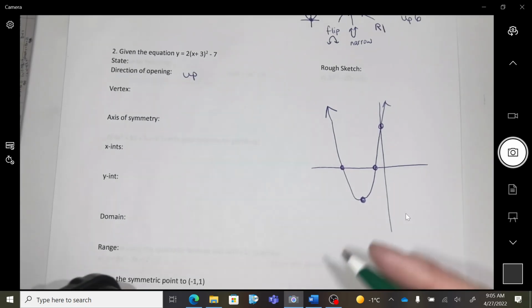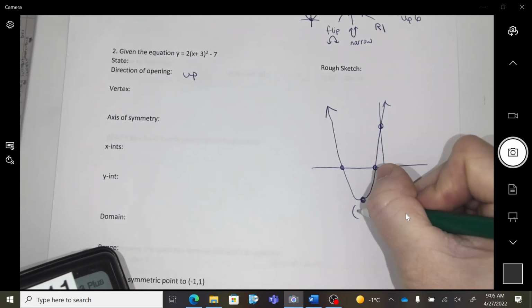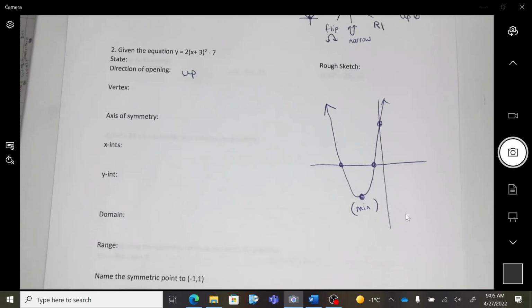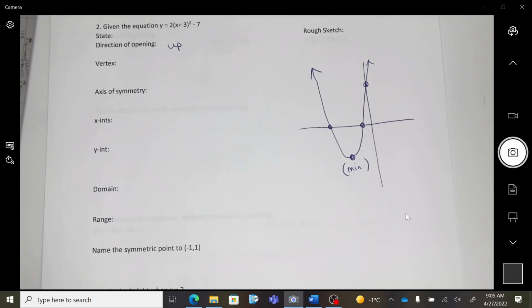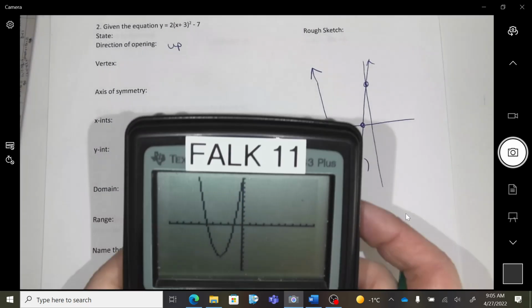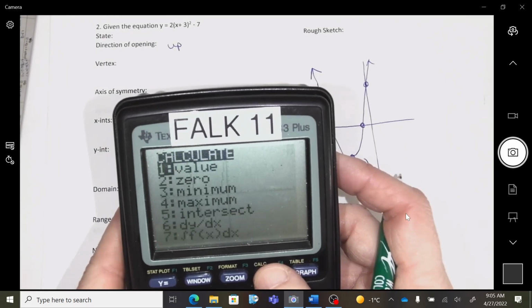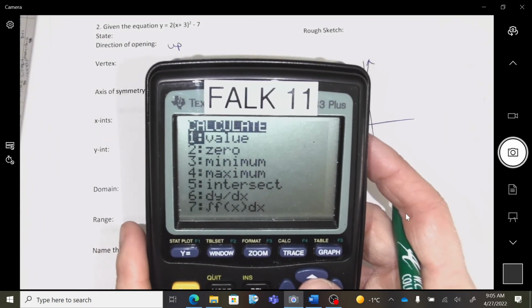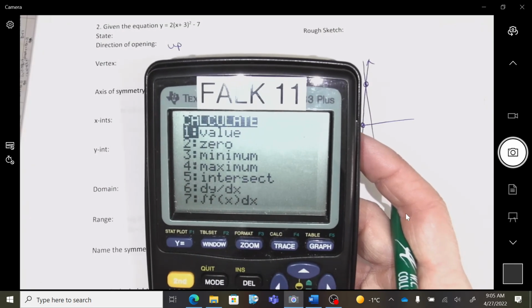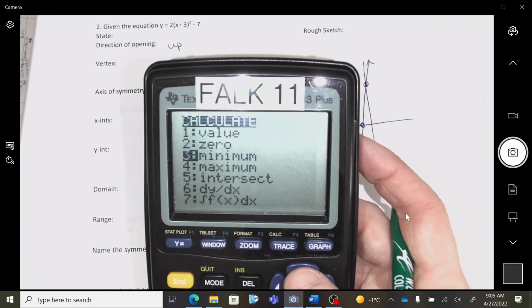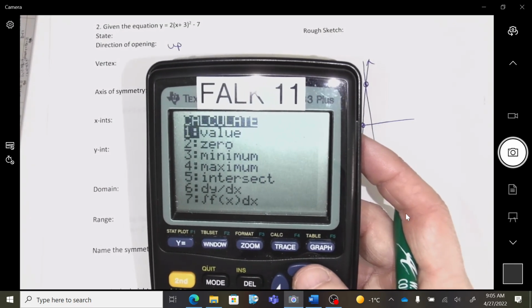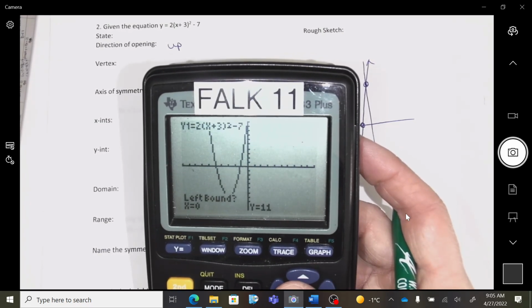The vertex, can you get me that, which is a minimum? So you can go to your calculator, find it. You know that you don't have to always scroll down here in this menu. You can actually just hit the number 3 and it will go.